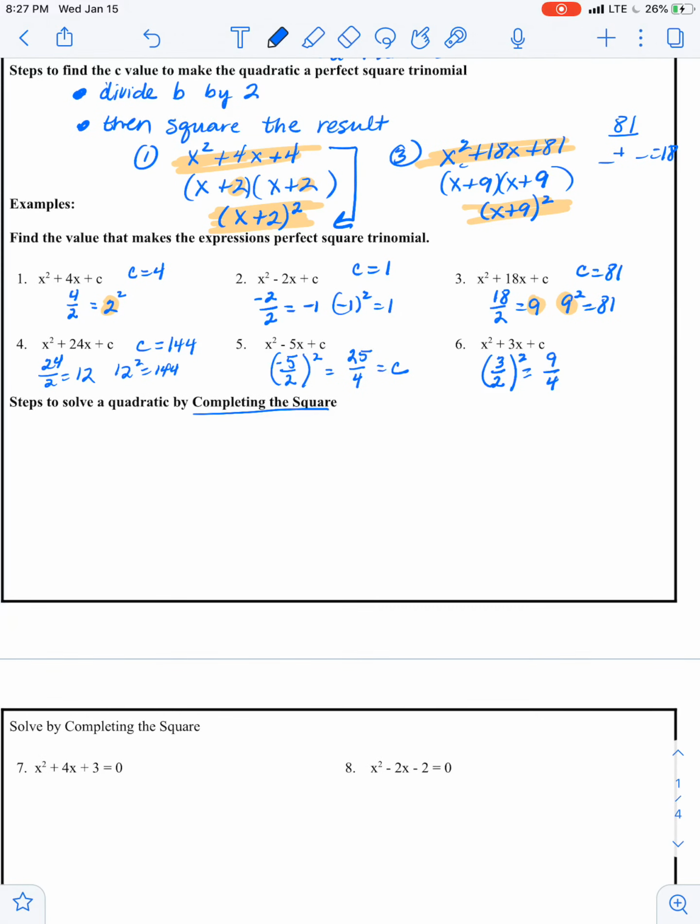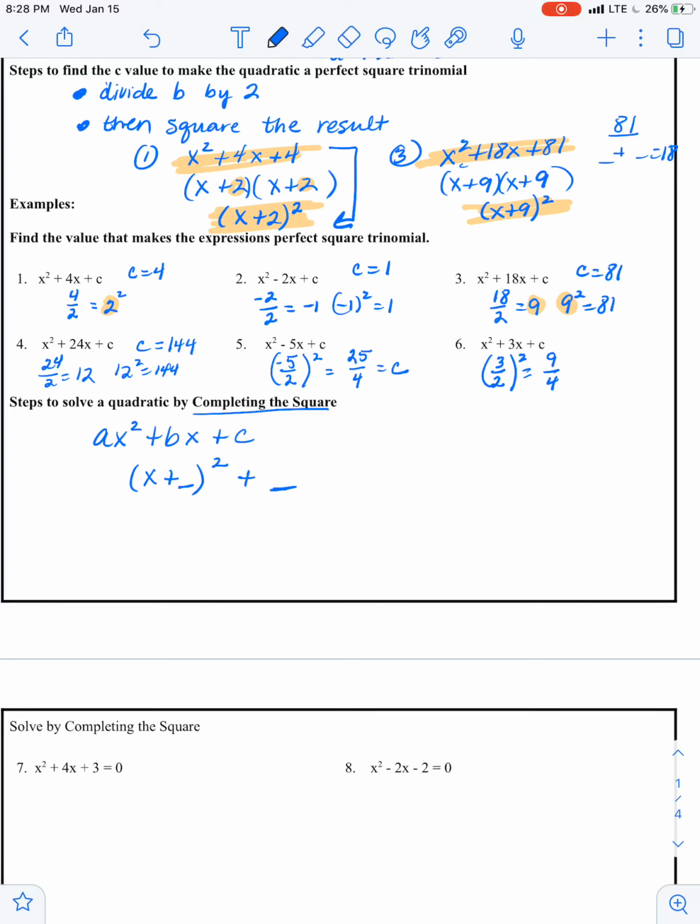Completing the square is taking our parabola or our quadratic that is in the form of ax squared plus bx plus c, and rewriting it as x plus some number squared, plus another number.